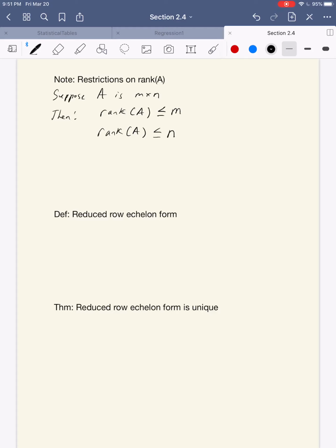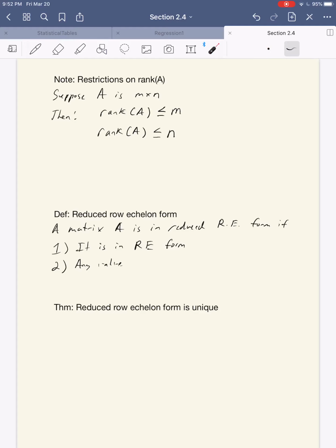briefly talk about what is called reduced row echelon form. So a matrix A is in reduced row echelon form if, well, 1, it is in row echelon form, and 2, any element above a leading 1 is also 0.